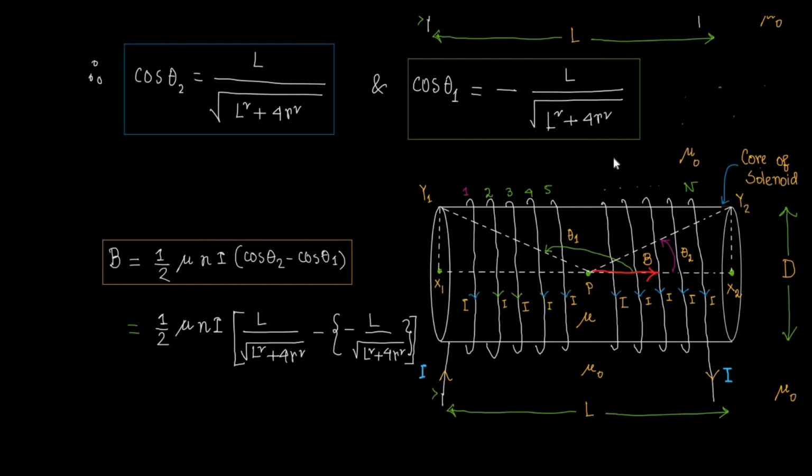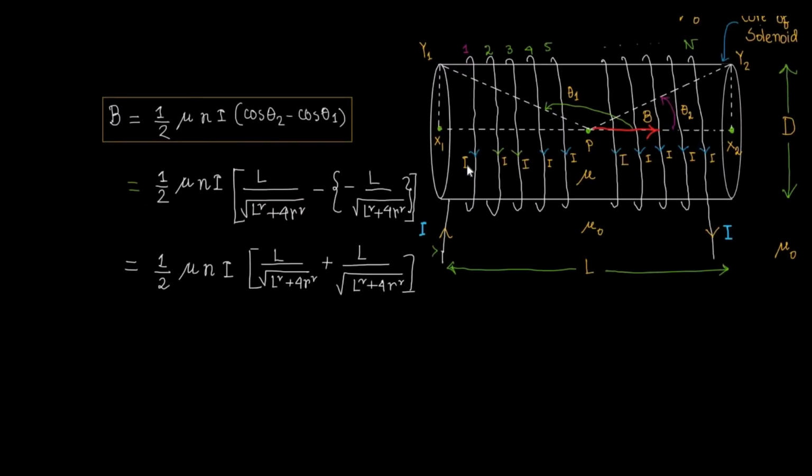B is equal to half mu Ni L divided by root over L square plus 4R square plus L divided by root over L square plus 4R square, which is equal to half mu Ni, not mu 0 Ni, because the solenoid has a cylindrical core.